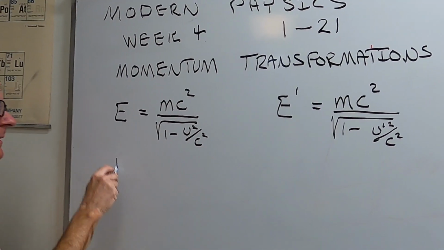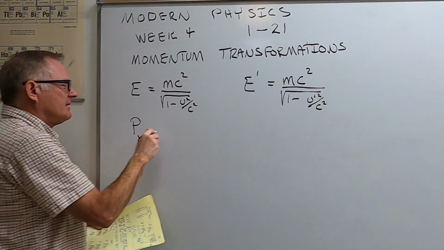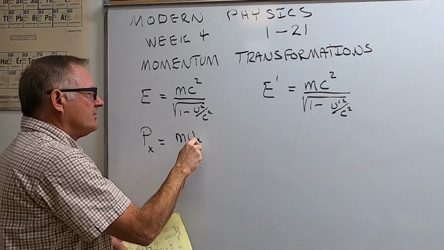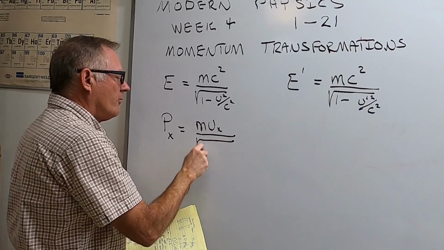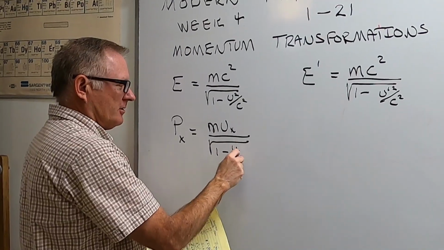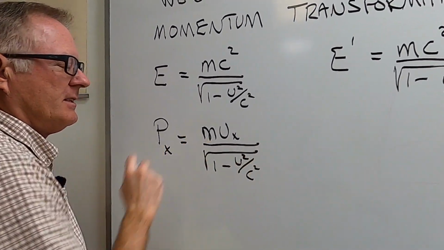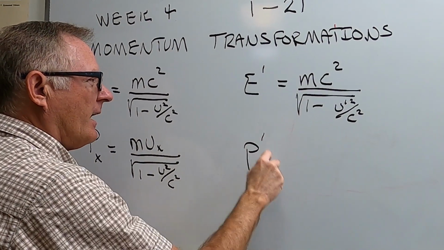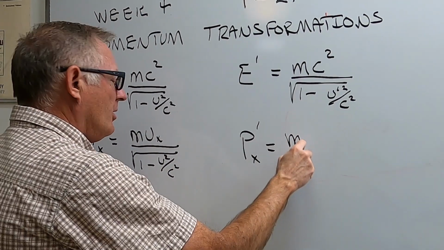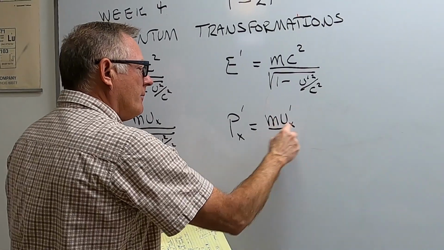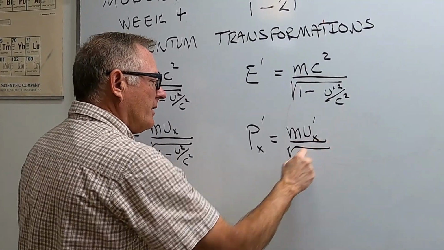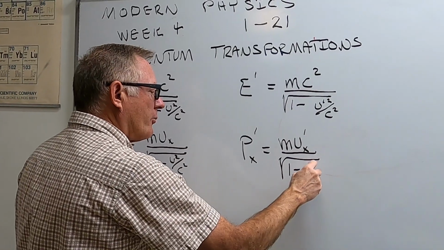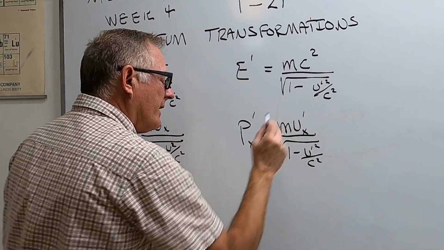Likewise, for momentum in the x, this would be mux all over the square root of 1 minus the total speed squared over c squared. Px prime over here would be mux prime all over the square root of 1 minus u prime squared over c squared.